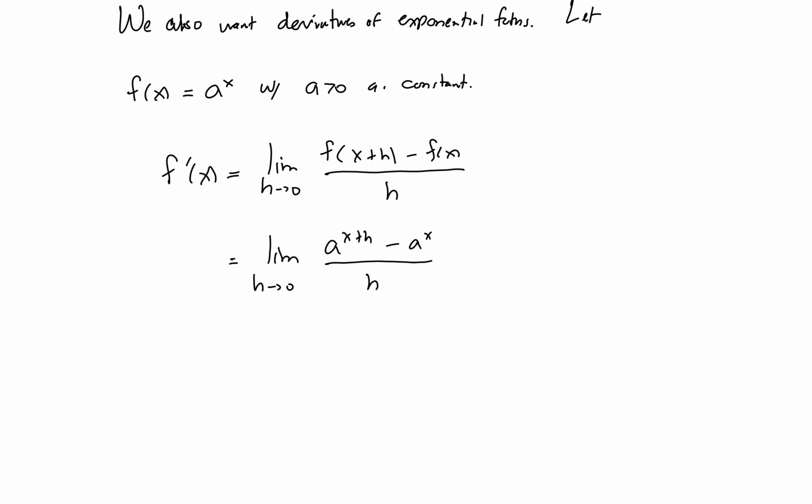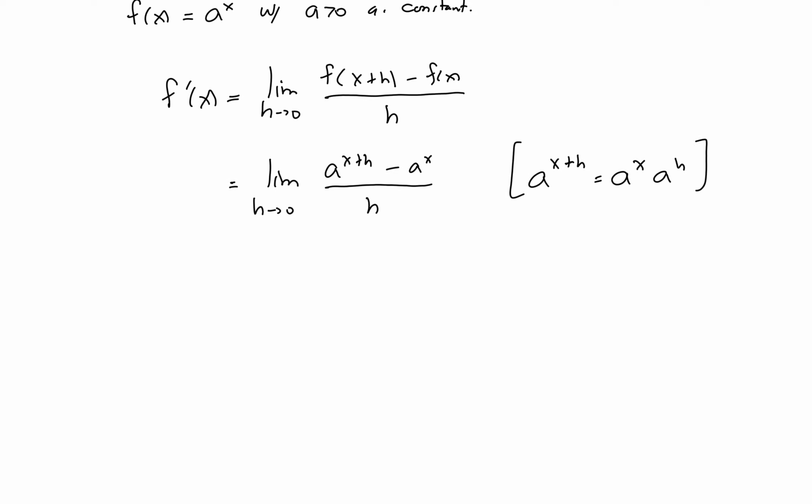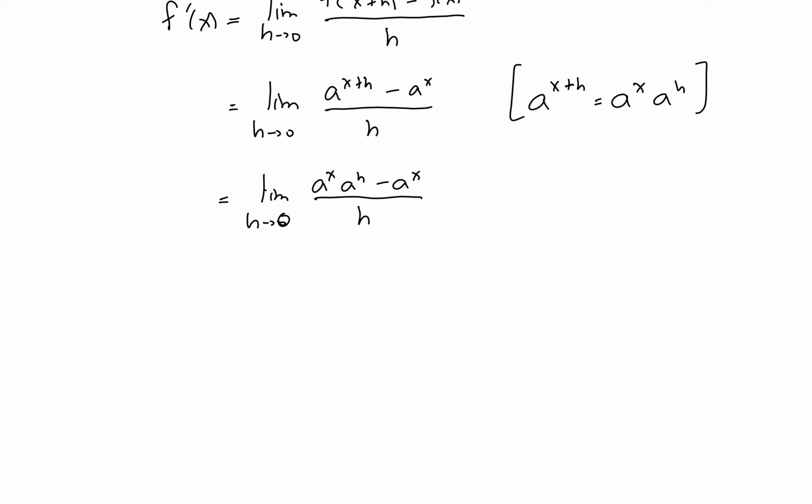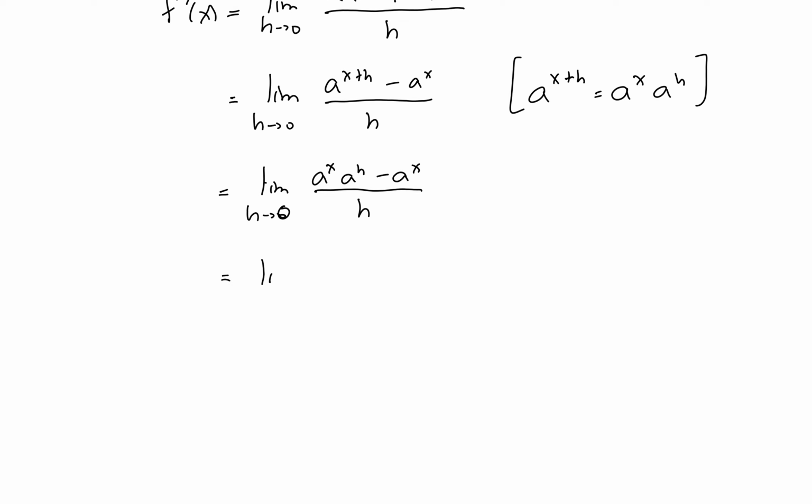Now what we're going to use is some properties of exponents. So if you recall, a to the x plus h is a to the x times a to the h. So I can rewrite this, and now each term has an a to the x in it, so I can factor that out.